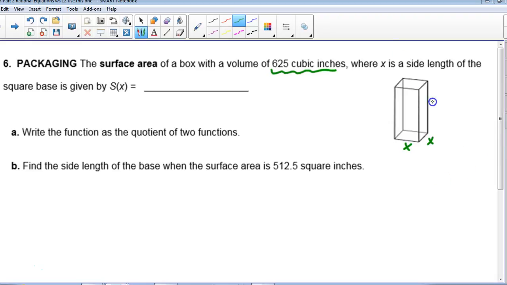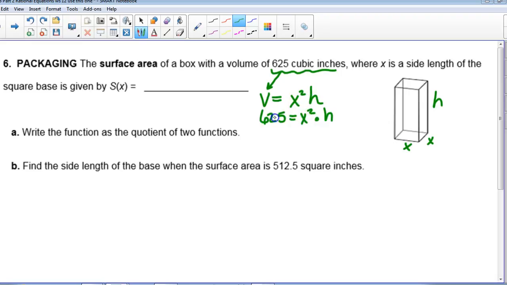If I call this height for a minute, what's the volume of the box right now? X squared times h, right? And they told us the volume of the box should be 625. Okay, so could we get rid of the h?